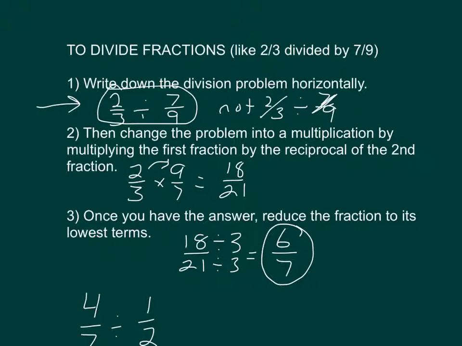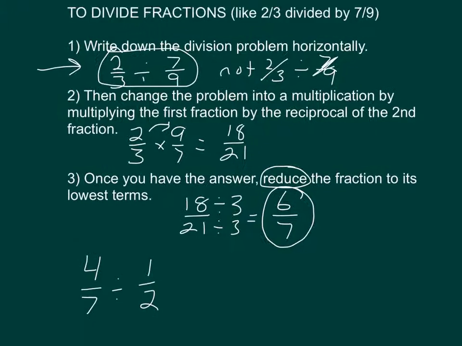That's the final answer because I know I can't divide any further. If simplifying or reducing fractions is difficult for you, that would be a great thing to put in your personal goals. Just practice that skill, reducing fractions or simplifying fractions.